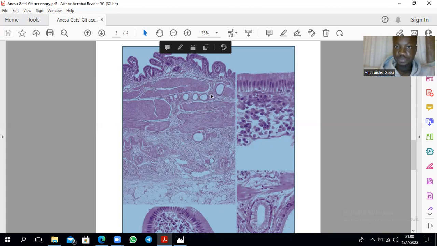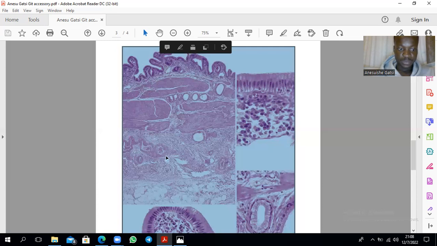Then what else can we see here? These are plasma cells and some lymphoid cells, and that's the epithelium. Right. That's another Rokitansky-Aschoff sinus.